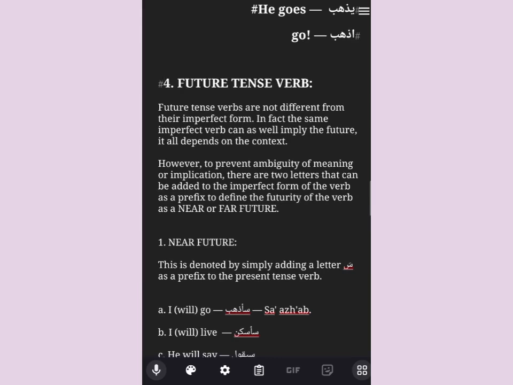So it can mean these three meanings, which includes the future.